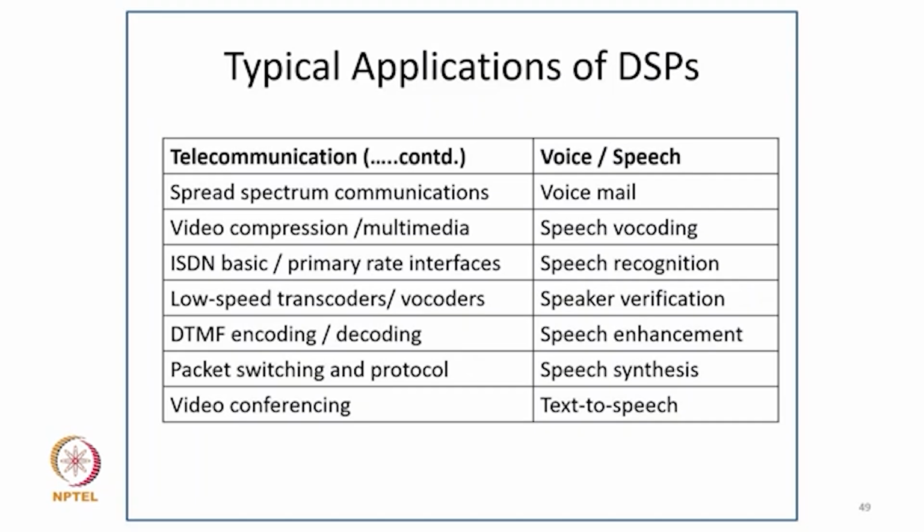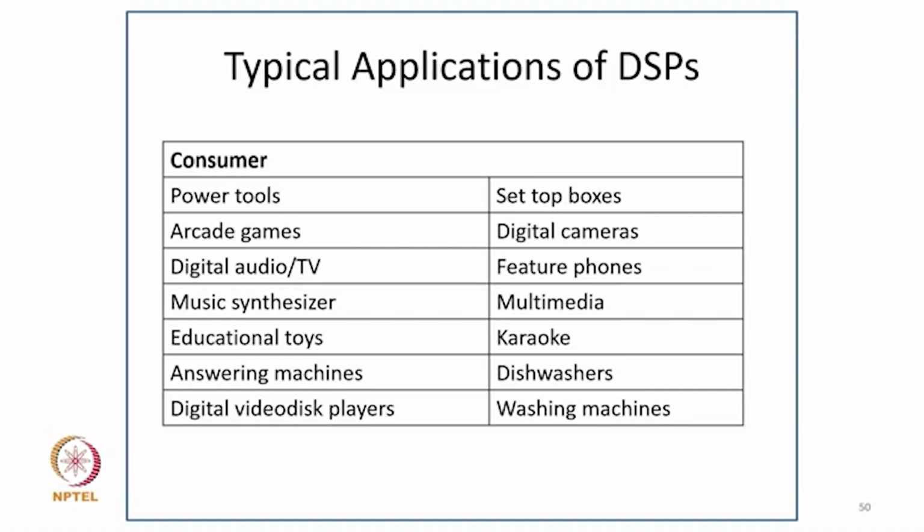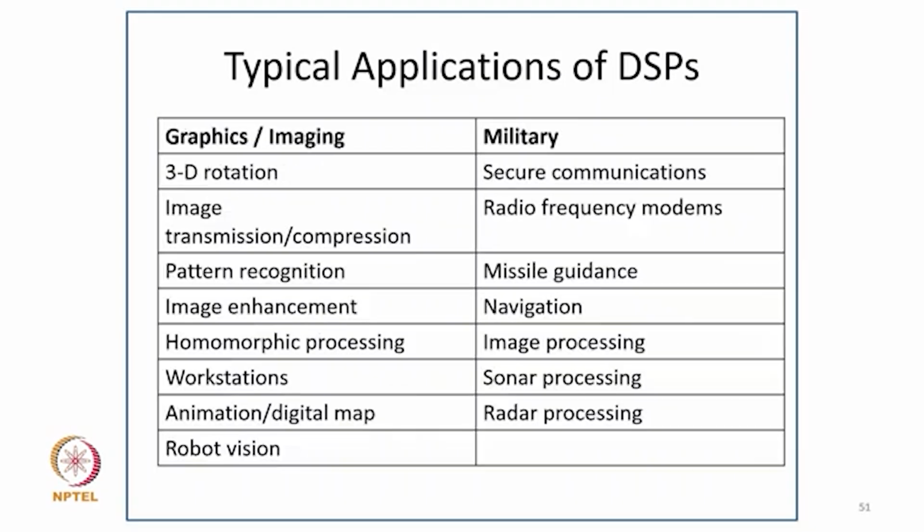And for voice and speech applications, like voicemail, speech vocoding, speech recognition, speaker verification, speech enhancement, speech synthesis, and text to speech. And in consumer, for power tools, arcade games, digital audio, TV, music synthesizer, educational toys, answering machines, digital video player. And for set-top boxes, digital cameras, feature phones, multimedia, karaoke, dishwasher, and washing machine.